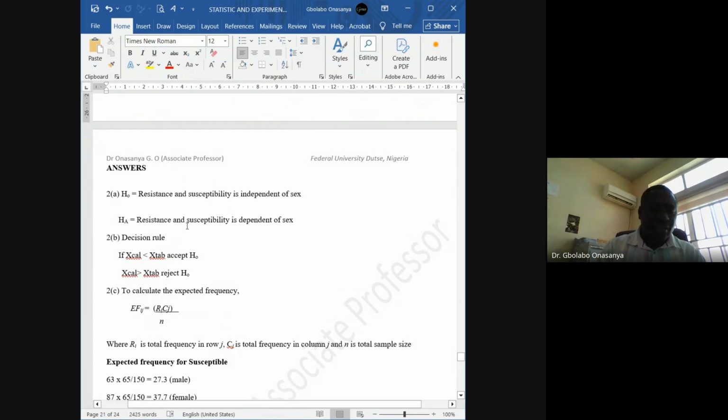Fantastic. The decision rule is the same. If X calculated is less than X tabulated, accept the null hypothesis.